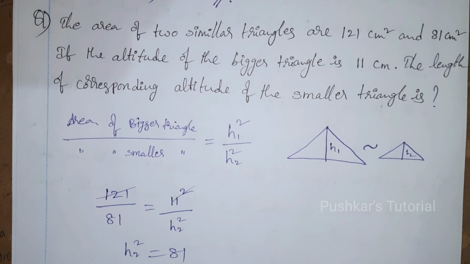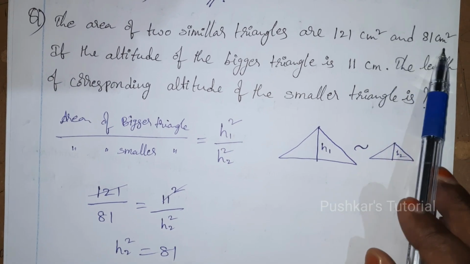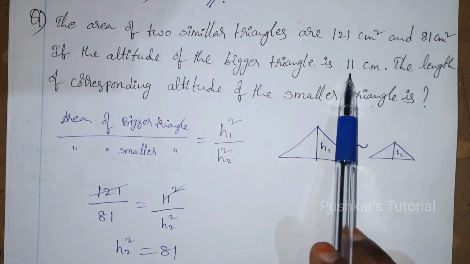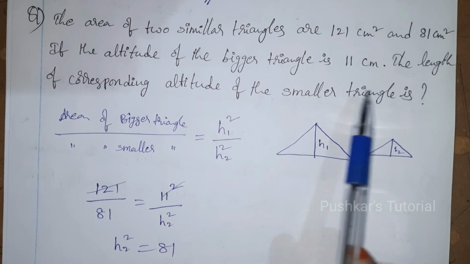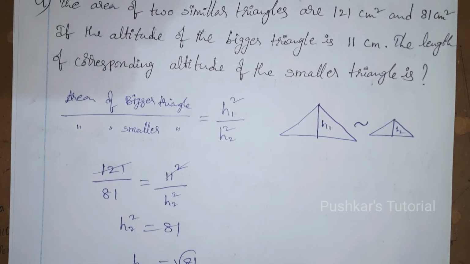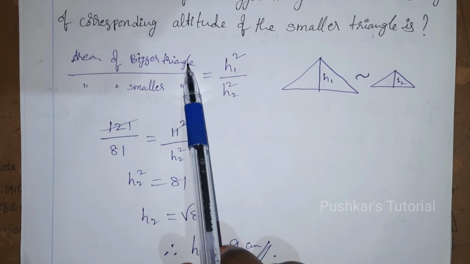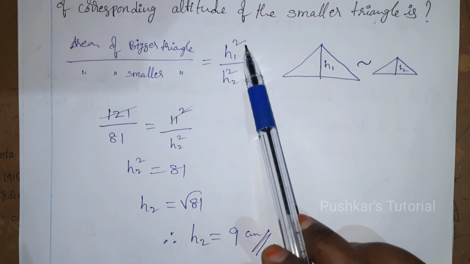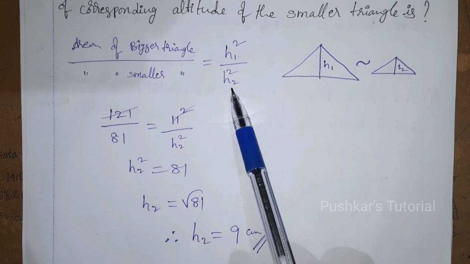The areas of two similar triangles are 121 centimeter square and 81 centimeter square. If the altitude of the bigger triangle is 11 centimeters, the length of the corresponding altitude of the smaller triangle is asked. So two similar triangles, discussing altitudes. The area of the bigger triangle by the area of the smaller triangle equals the square of the altitude by the square of the smaller triangle's altitude.